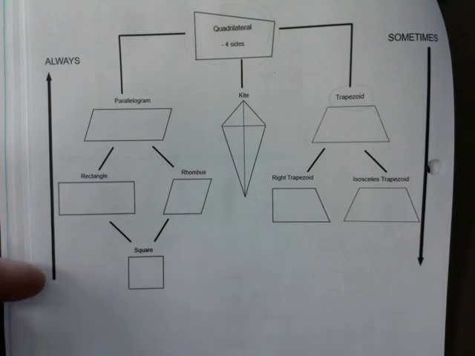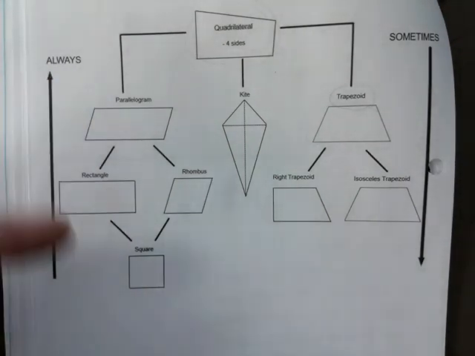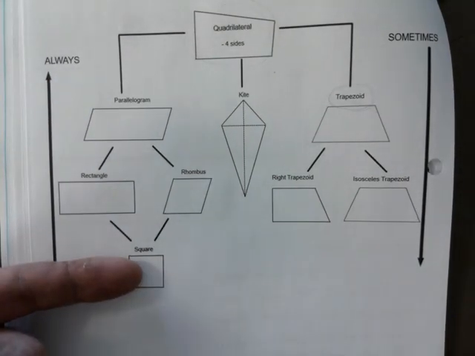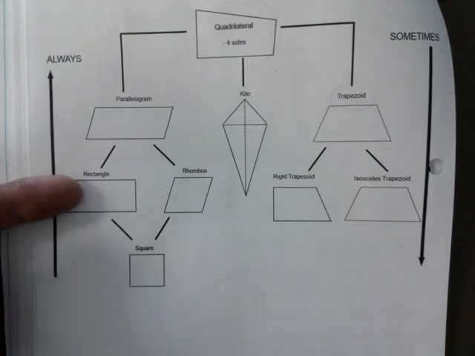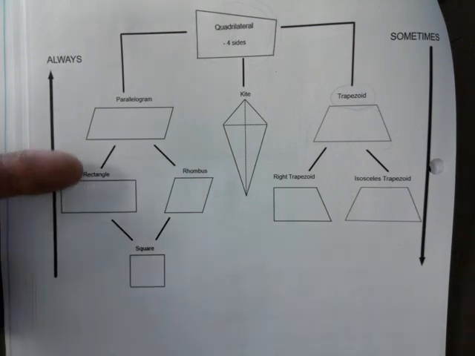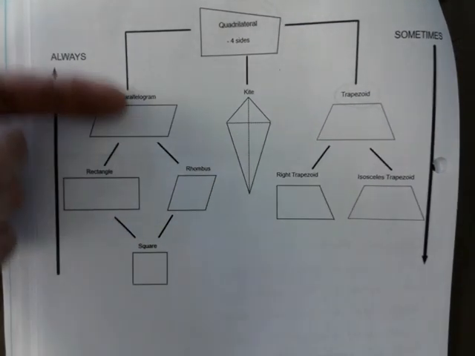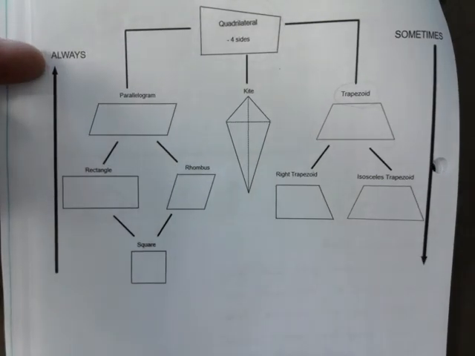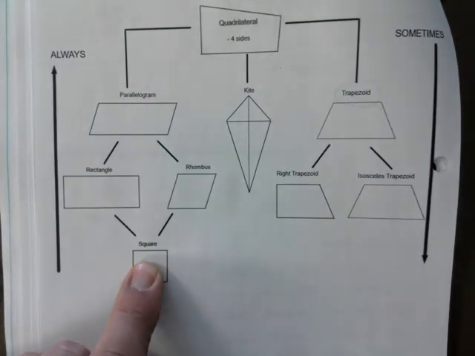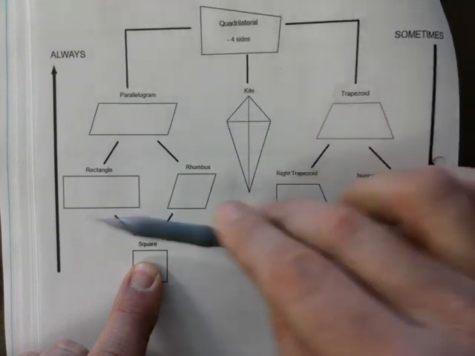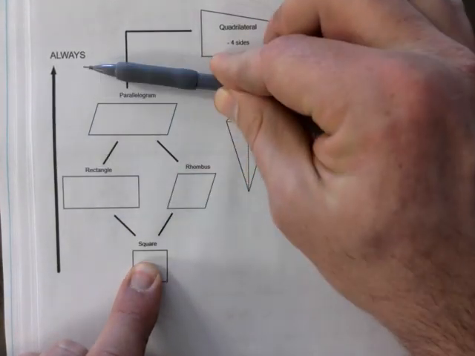Notice this. You see this arrow going up? A square can always be known as a rectangle as well. A rectangle can always be seen as a parallelogram. So if you're going up the stream, you can say that's always the case. A square meets all the criteria of things that are above it.